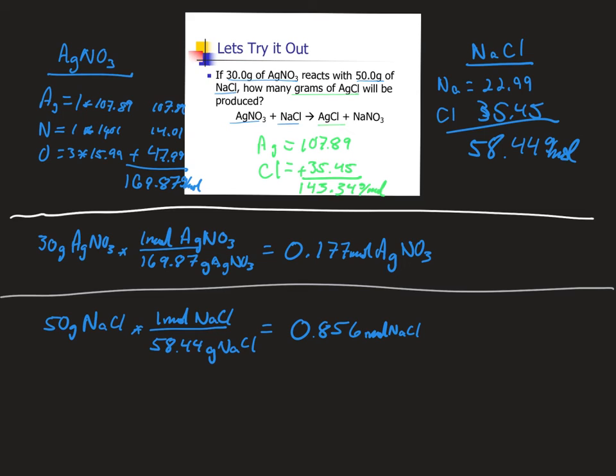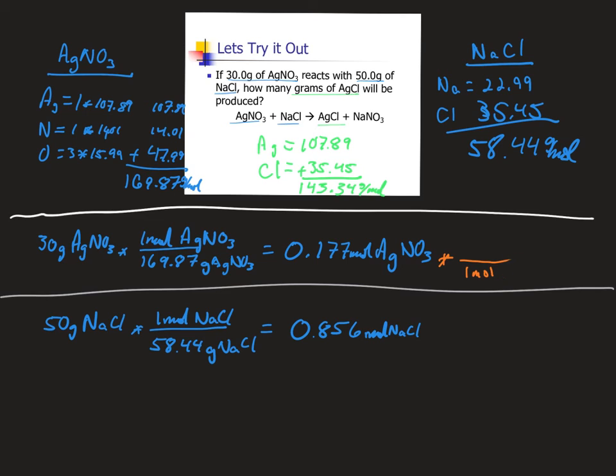Now this one, because it's 1-to-1, is essentially solved for us. The silver nitrate is going to limit my production because it has a smaller number here. If I convert this using the balanced chemical reaction, it's going to give me the same number of this. And if I do that, just for the sake of example, 1 mole, where am I getting that from, is my balanced chemical reaction of silver nitrate.